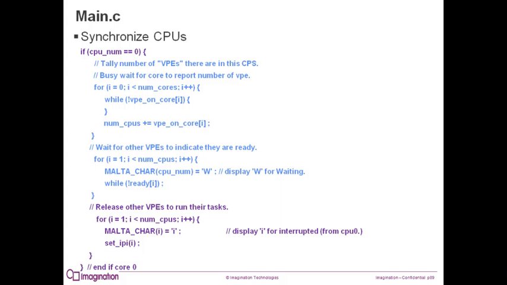The code first changes the segmented display by writing an I to the corresponding element for the core it is going to interrupt. Then it calls the setIPI function to send the interrupt. I'll talk about the setIPI function in the next slide. Once CP0 finishes this loop, it can continue to execute the test code and/or the OS.